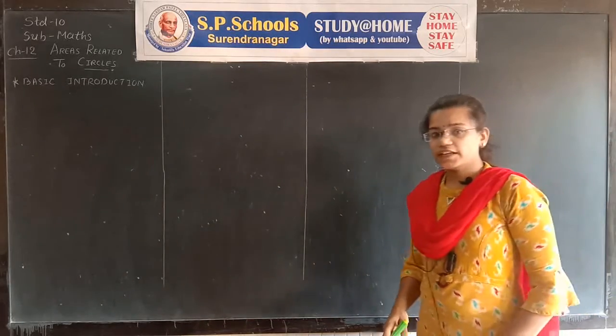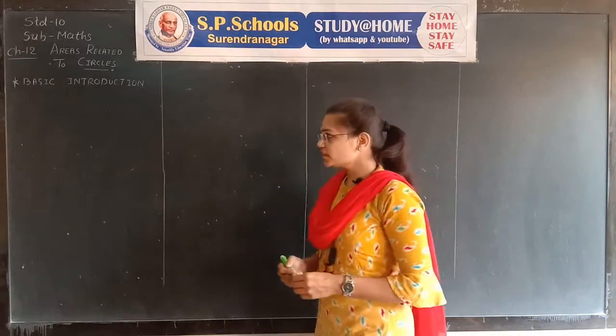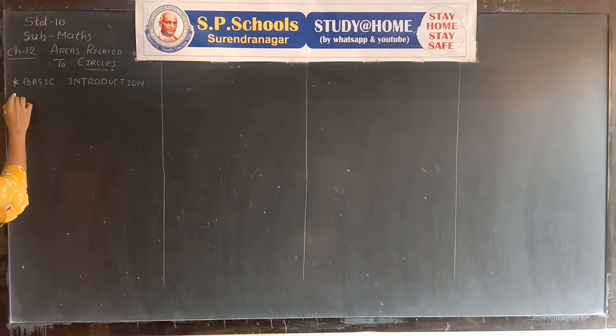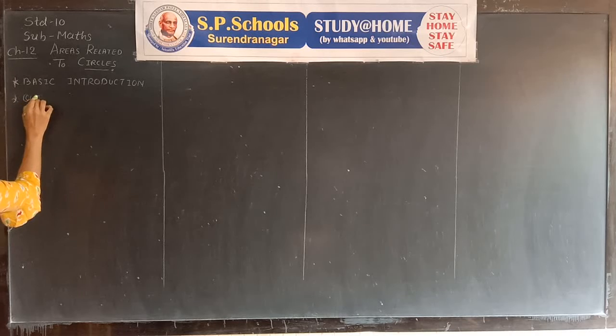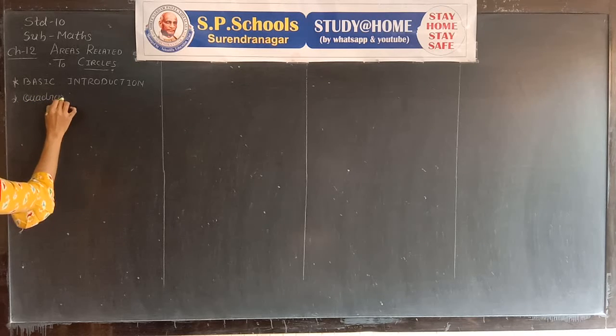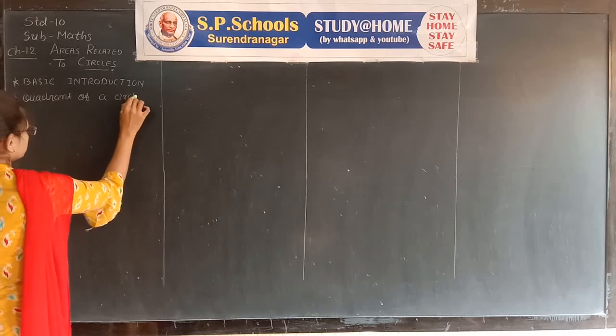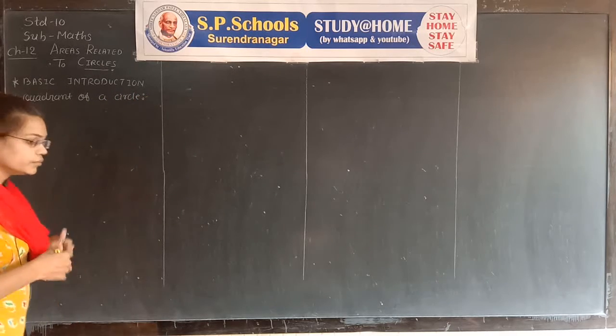After completing the area of a semicircle, let's discuss the area of a quadrant of a circle. For that we require a quadrant of a circle. Now what is a quadrant?